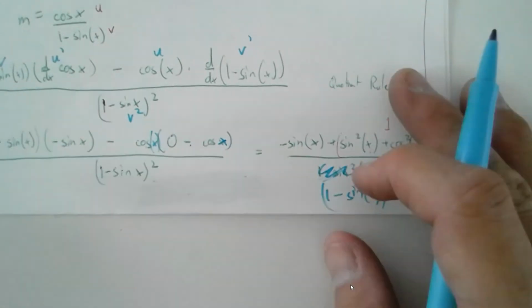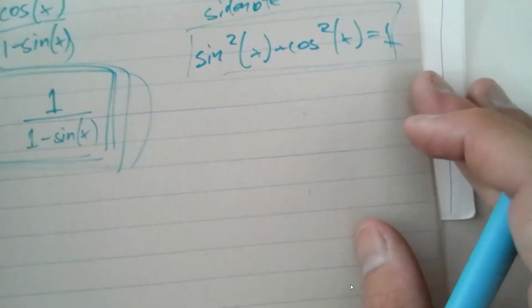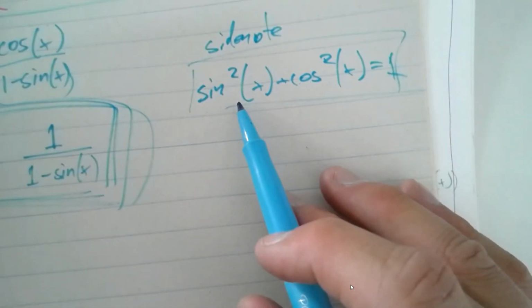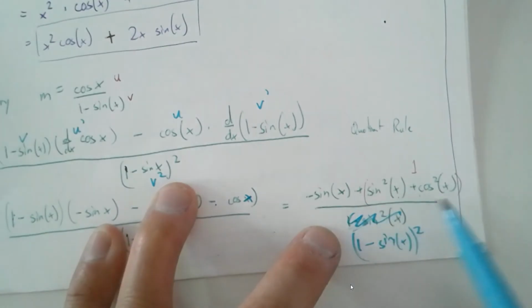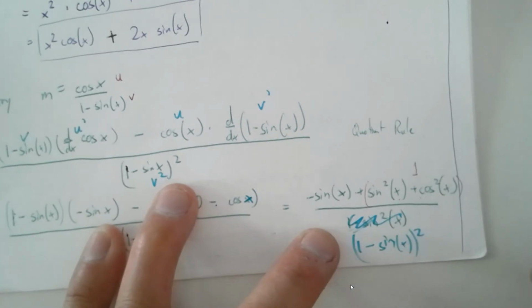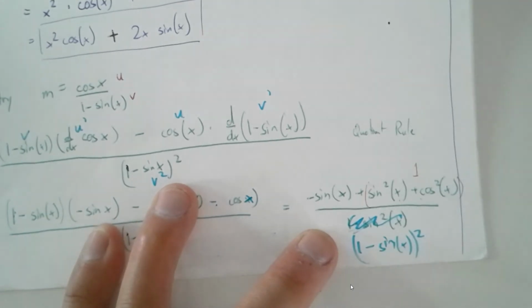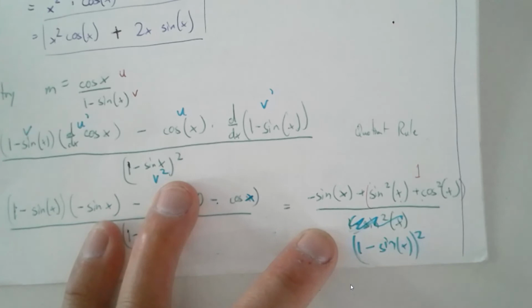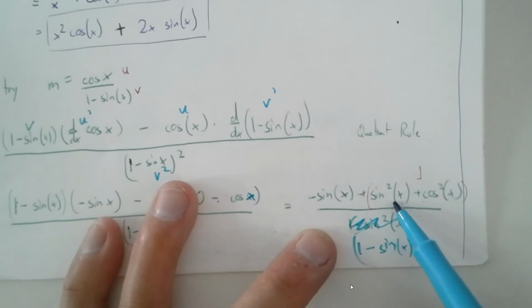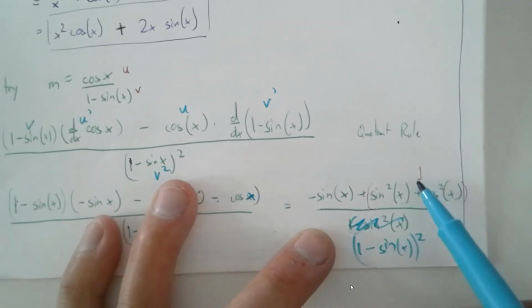That's where that property, that side note we talked about, comes in handy. We recognize that if we were just left here, nothing really cancels out. So that's where you start digging deep for stuff that you do know at this last step. Can I simplify it any more? Yes, you can. Sine squared of x plus cosine squared of x is equivalent to 1.